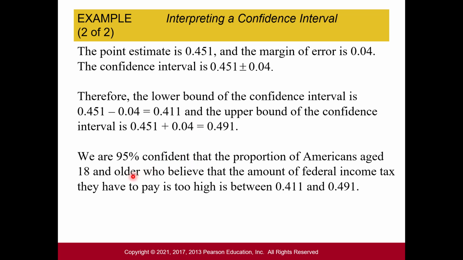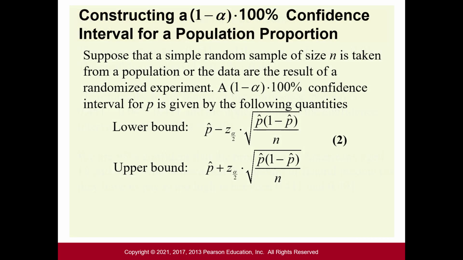So what we can say is we're 95% confident that the proportion of Americans aged 18 and older who believe that the amount of federal income tax they paid was too high is between 41.1% and 49.1%.